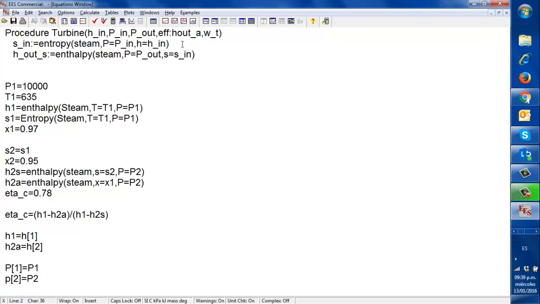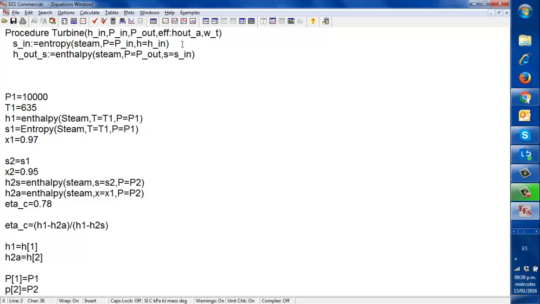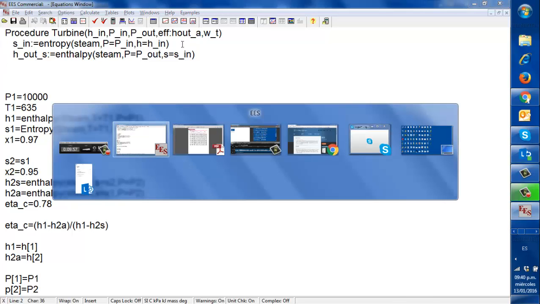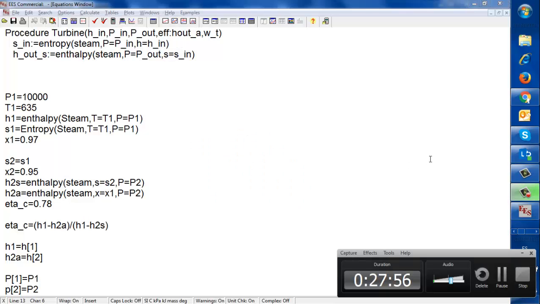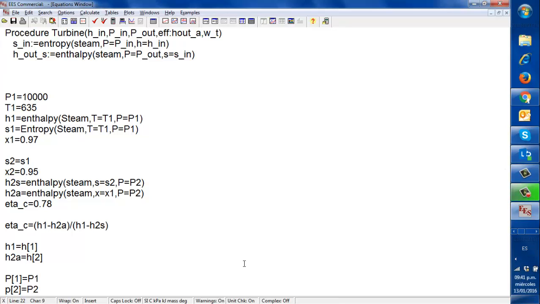Okay. Then I need to compute the relation between enthalpy and isentropic efficiency. The only problem is that with procedures they cannot be implicit, they have to be explicit. So I want to compute H2 actual.